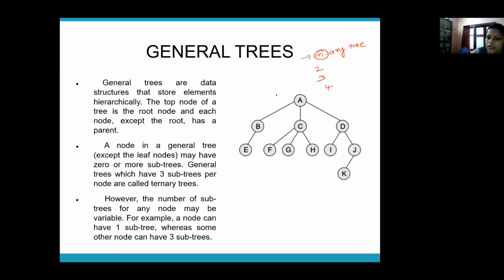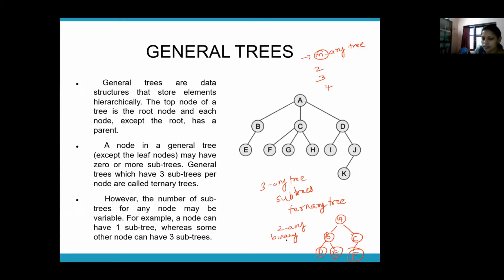So what is given here is a three-ary tree. That means it has 3 subtrees. A three-ary tree is also called a ternary tree. Now suppose I draw a tree like this, A, B, C, D, E, F. This is a two-ary tree, that means it has only 2 subtrees, or it can also be referred to as a binary tree.